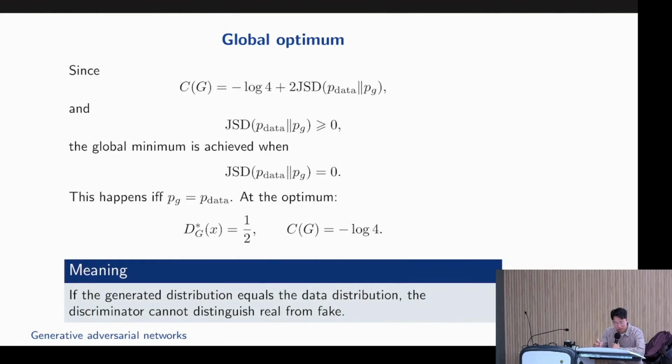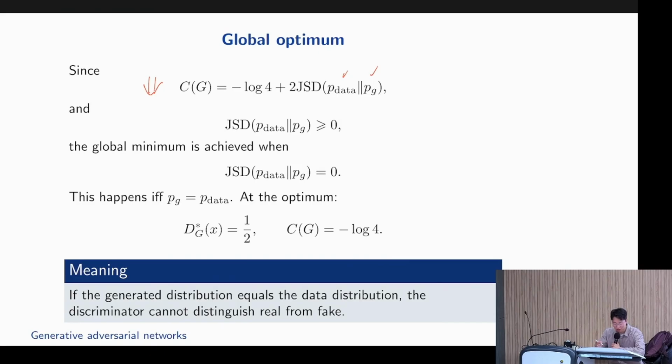Okay, so now we worked out this much. In terms of the generator, if you plug in the optimal discriminator, that's negative log 4 plus 2 times JSD between the real distribution and fake distribution. And we know JSD is bounded between 0 and 1. And remember, the generator wants to minimize. So the global minimum is achieved when JSD is 0.